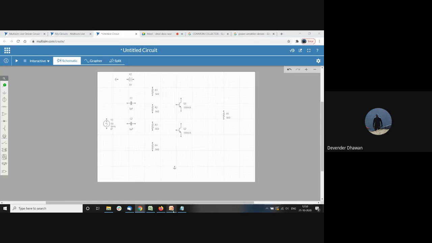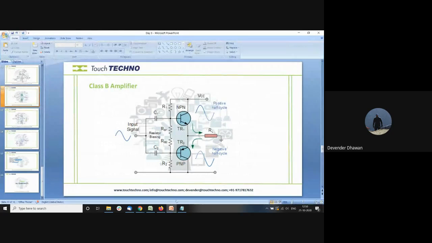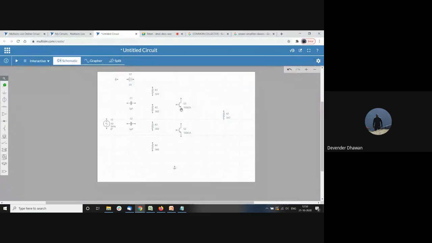Now just look at the circuit. So this is connected, and this will connect to this.